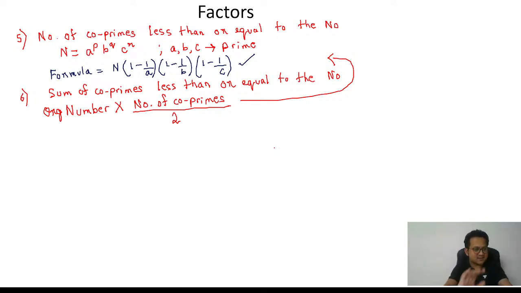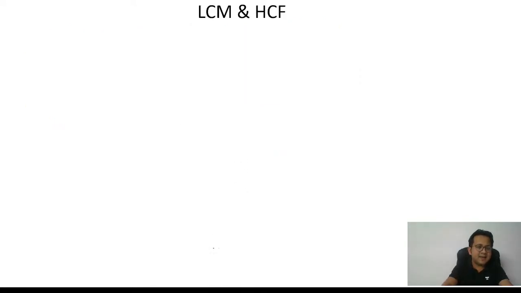So factors, I have written down every formula associated with factors. Next, LCM and HCF. Remember, the LCM of a fraction, the first formula which was there in your books. How do you find the LCM of a fraction? LCM of a fraction is LCM of numerator divided by HCF of denominator.